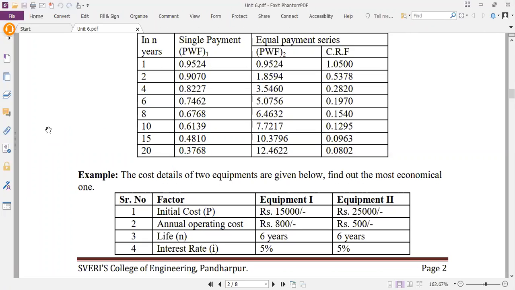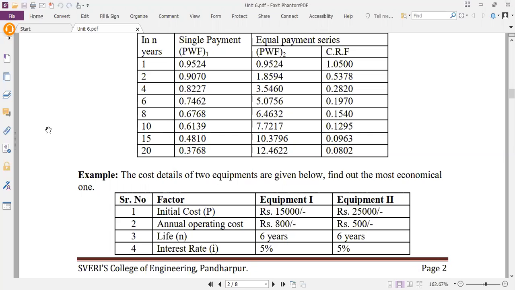If the interest rate and life of the two equipment are different, then we have to calculate two different CRFs, that is, capital recovery factors. As for both equipment the life is the same and the interest rate is the same, a single capital recovery factor can be used.